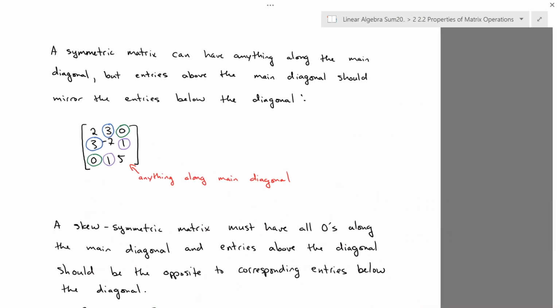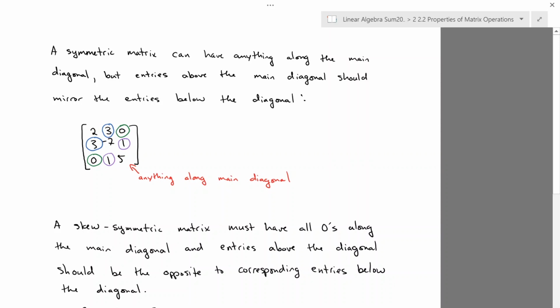In this first example, I have a symmetric matrix. These are 3x3 matrices, but in general you can have larger matrices as long as these properties apply. For a symmetric matrix, you can have any values along the main diagonal.